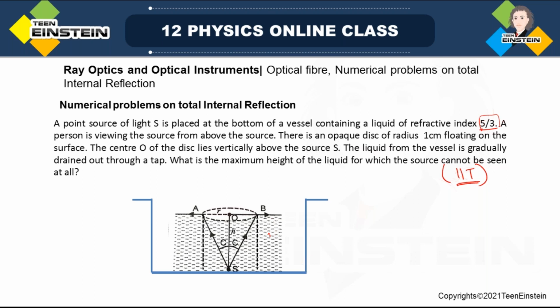So this is a liquid placed inside the vessel, as you can see. The refractive index, if I write mu or n, you can write anything, is 5/3.